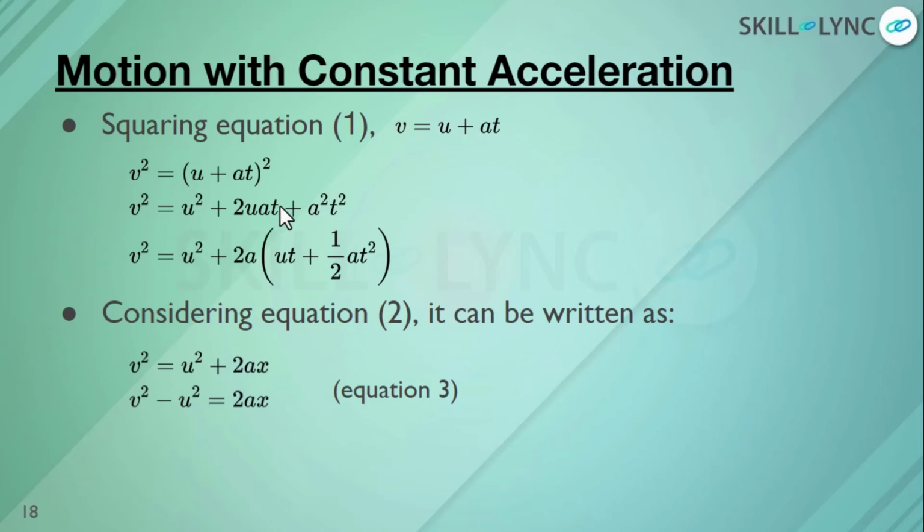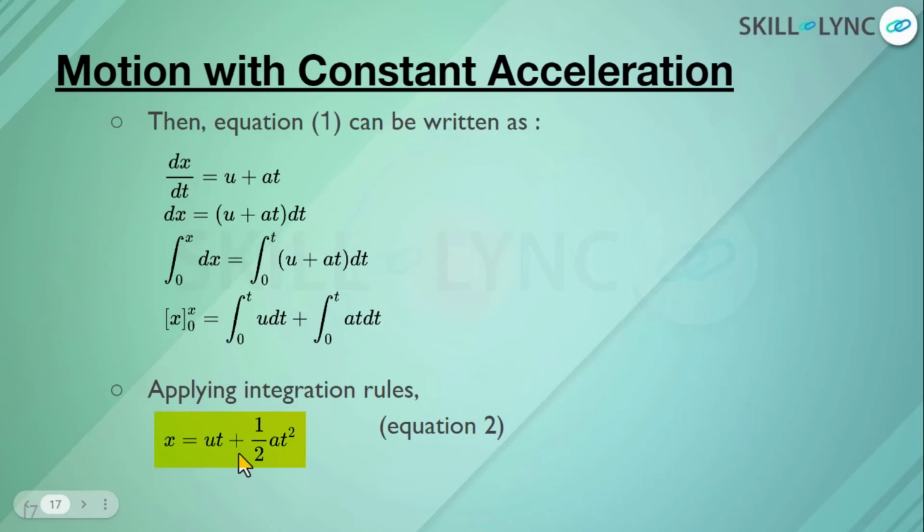This complete equation could be read as v square is equal to u square plus 2u at plus a square t square. The LHS stays the same, whereas the RHS can also be written as u square plus 2a, where we have taken the common 2a from the above equation, multiplied by ut plus half at square. Can we see something similar that we have studied in the previous slide?